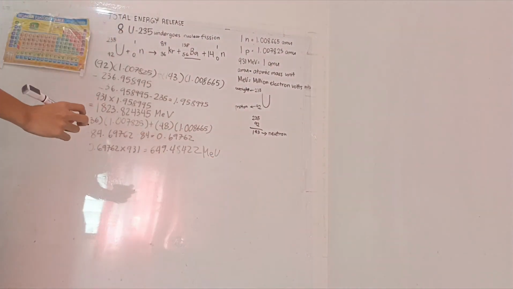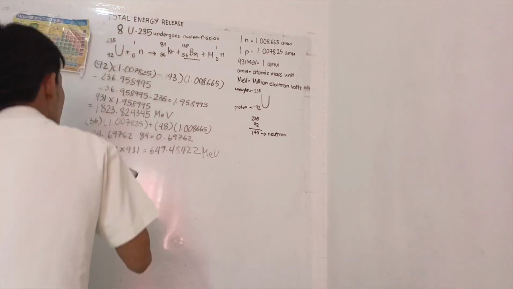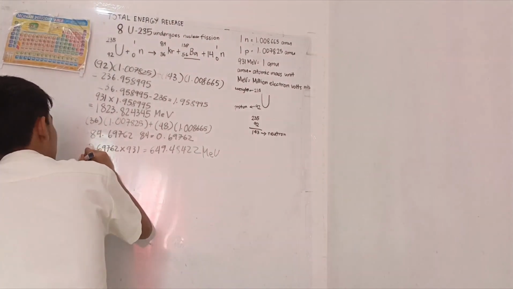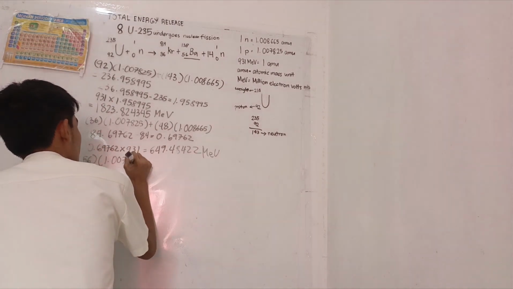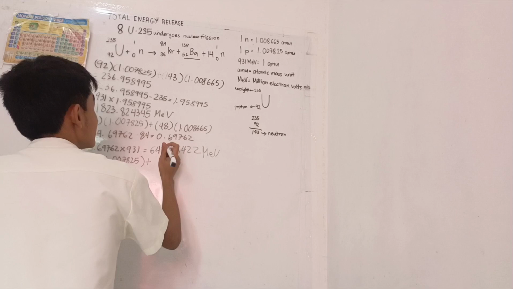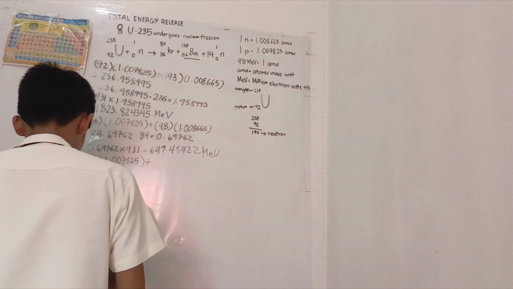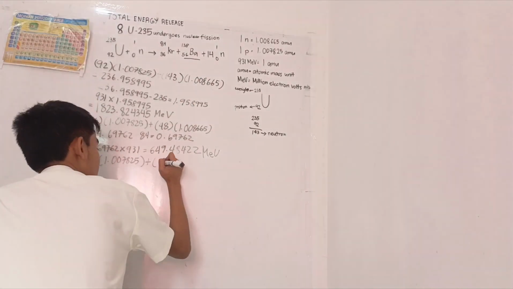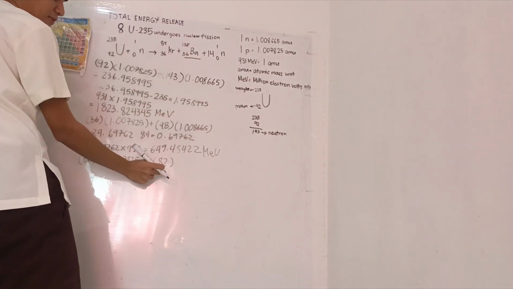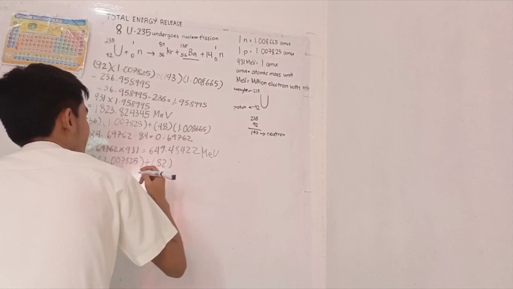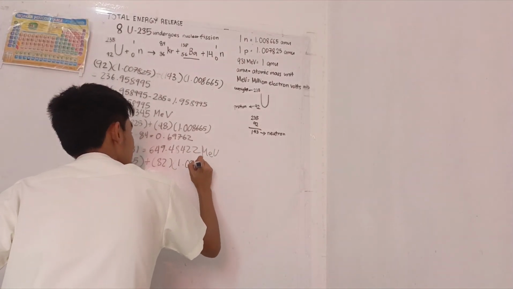Finally, let us compute for the barium. Sa barium, gagamitin natin ay 56 times 1.007825 plus 138 minus 56, 82. So, saan galing yung 82? Minus natin itong 138 sa 56 para mahanap yung number of neutron. And, proceed tayo, 1.008665.